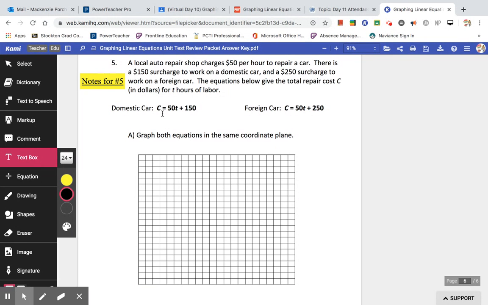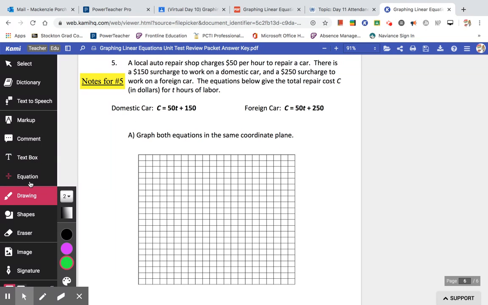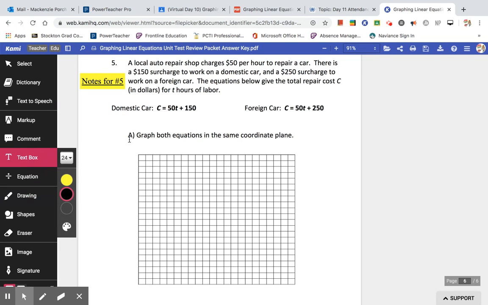And then if we go and break these equations apart, the first one is telling us that m is going to be this 50 right here because it's multiplied by the variable. So m is 50. And our b is being added or subtracted, so in this case it's 150.